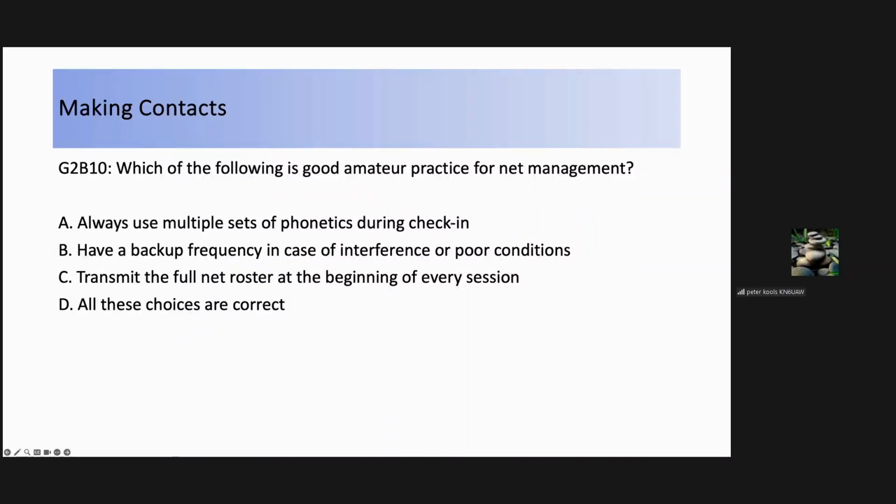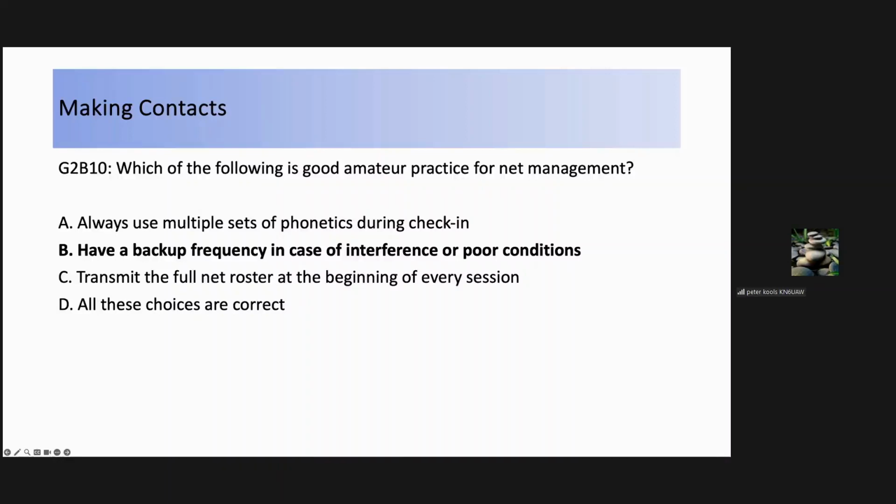Which of the following is good amateur practice for net management? We didn't talk about this explicitly, but in HF, the conditions may change, as I did mention. And so, most HF nets, if not all of them, have a plan in place that says if we lose our ability to communicate on this particular frequency, then we're going to try 5 kilohertz down, or 5 kilohertz up.